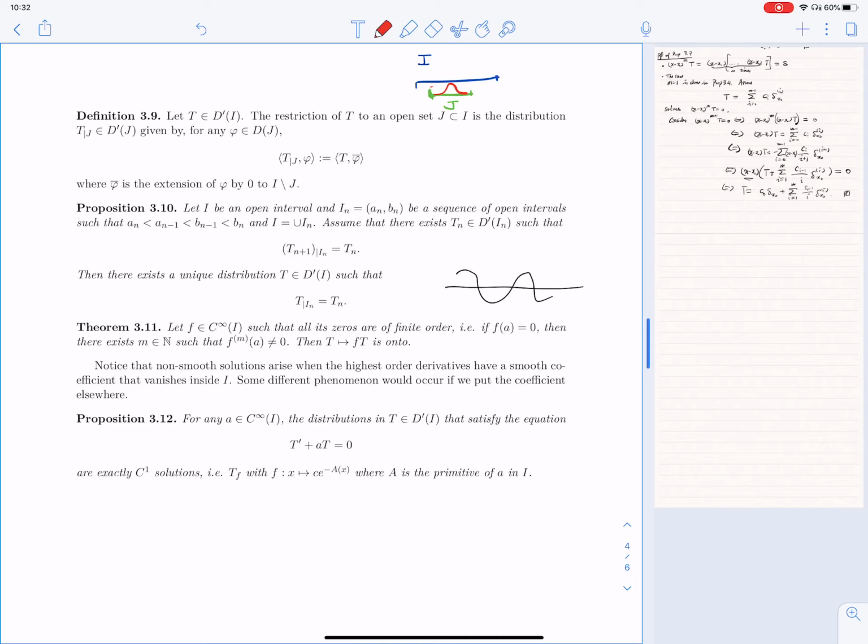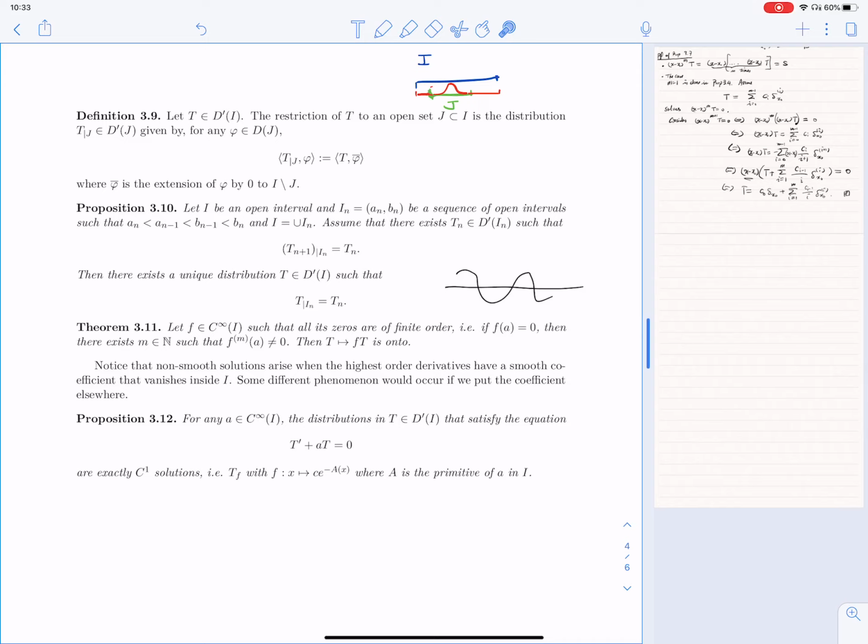We want to make an extension of this on the whole interval I by taking the value 0 outside of J. And this clearly defines a test function on I, so that this operation makes sense. This is what we call a restriction of a distribution to a smaller set. The point is that we only examine its interaction with test functions on the smaller set.